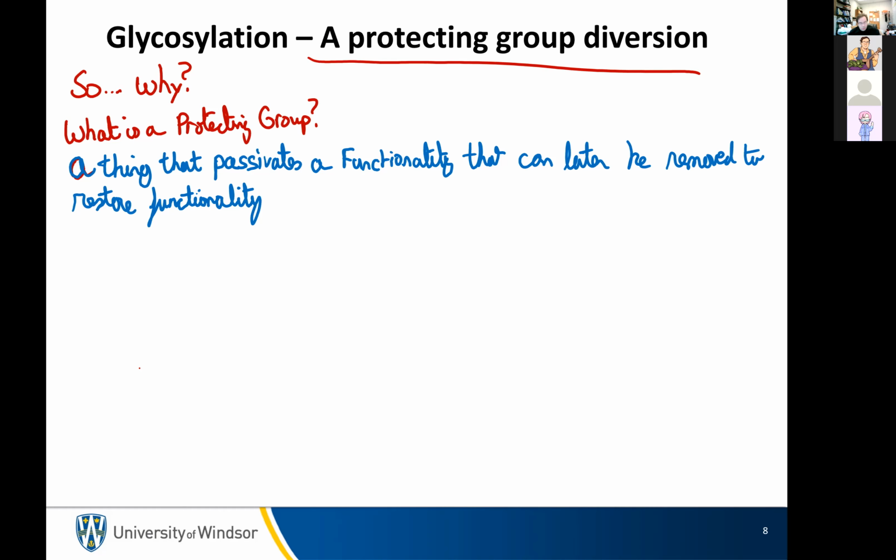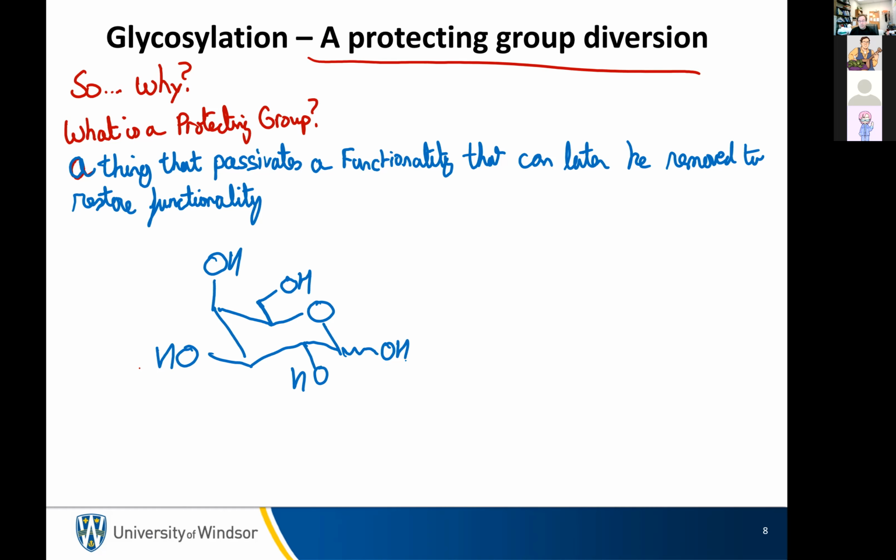So we need them in sugar chemistry a lot, because when you think about what your average sugar is, this is galactose, my favorite sugar. It's 5 hydroxyl groups in a ring, right? Those are all OHs.